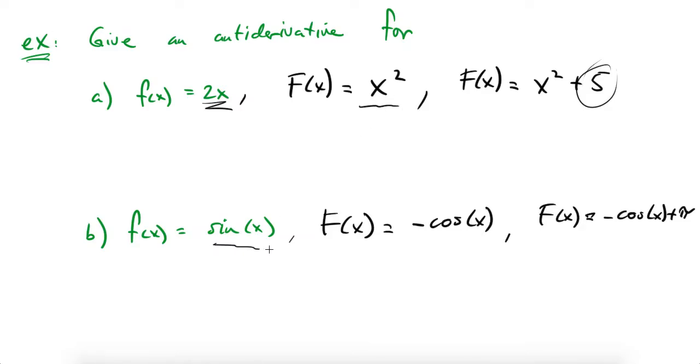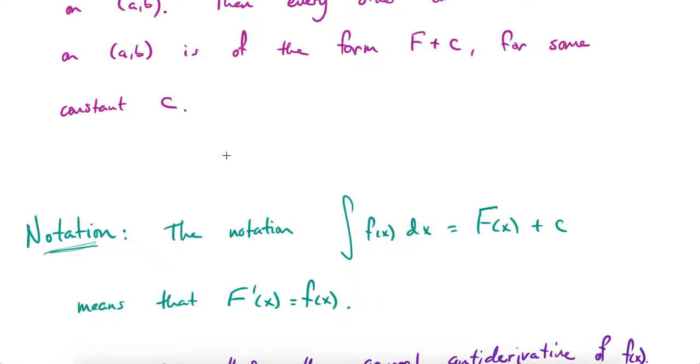There's no antiderivative for sine that doesn't use negative cosine. The only way you get more than one of these things is by doing this cheap trick, like add a constant, add 10, 10 is your constant or whatever. But the meat of the antiderivative is always going to be the same for every antiderivative of a given function. So that's what this theorem says.